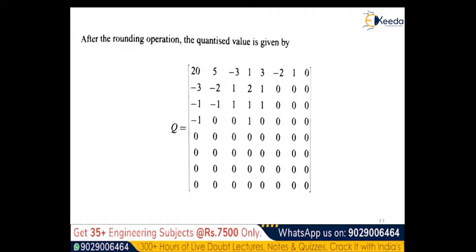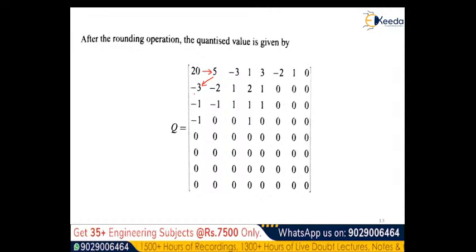Now in this representation, the next thing we have to perform is the zigzag scanning operation. In the zigzag scanning, after the value 20 we go in the same row to the next value, which is 5. From the 5 we go back to the second row, the first column, so it will be minus 3.